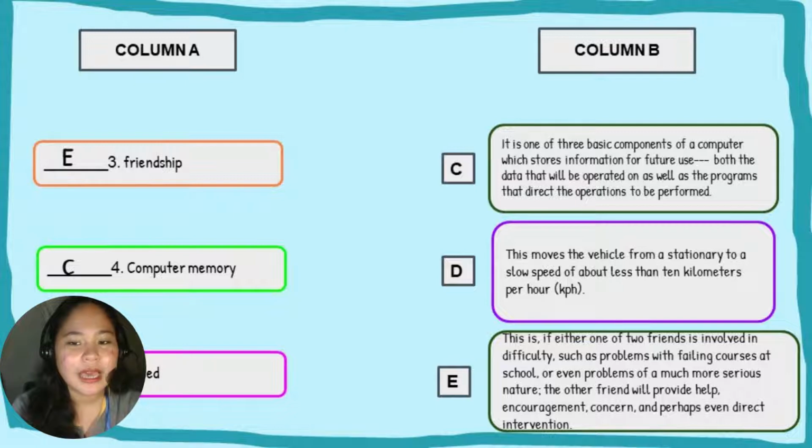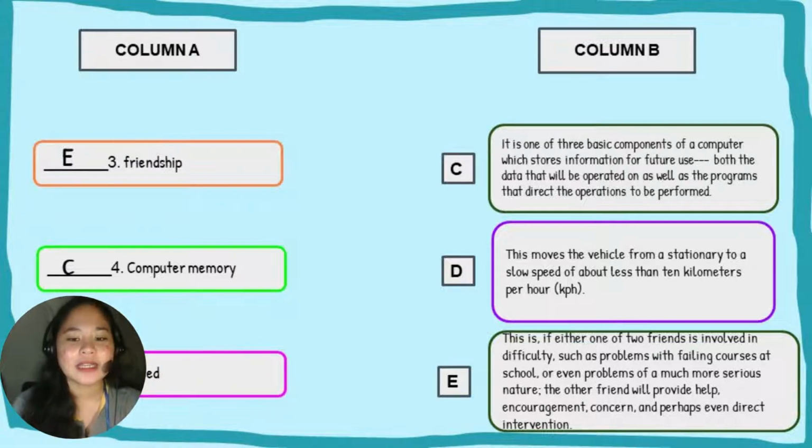Number 4, we have the computer memory. Which of these expanded definitions in column B best fits the word computer memory? Okay, so we have the letter C. When we say computer memory, it is one of the 3 basic components of a computer which stores information for future use, both data that will be operated on, as well as the programs that direct the operations to be performed.